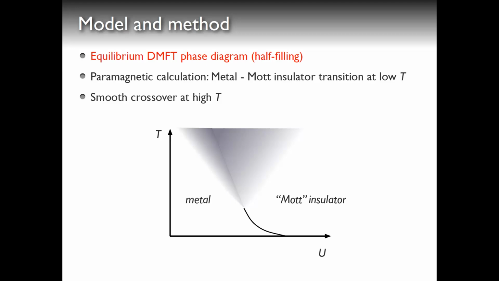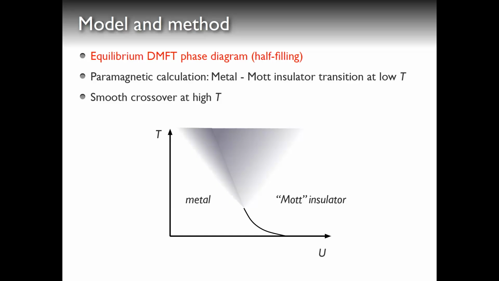And this line is basically where the free energies of these two solutions cross. And now it's a very good question if there's some kind of non-equilibrium protocol where we could, for example, switch into the metastable coexisting solution.